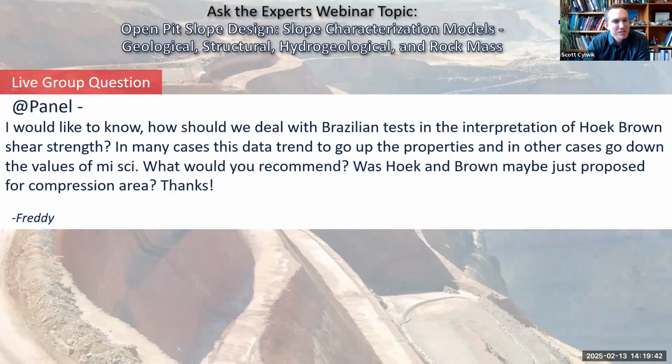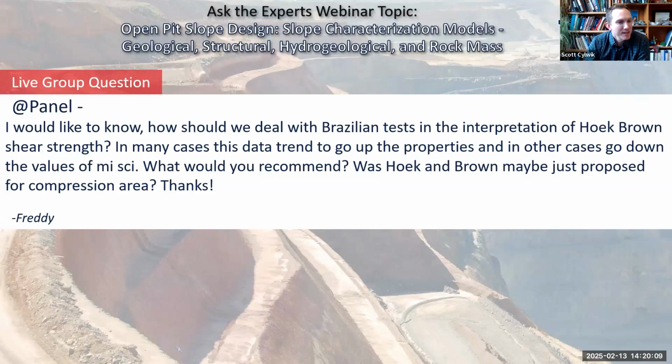But I think what people have found over the last 10, 15 years is that the Hoek-Brown envelope, especially for rocks with really low mi values, will actually way overshoot the tensile value that you're measuring. So in other words, depending on your mi value, the Hoek-Brown criterion may not fit that tensile data as well. It might predict way too strong of a tensile strength, if you will.